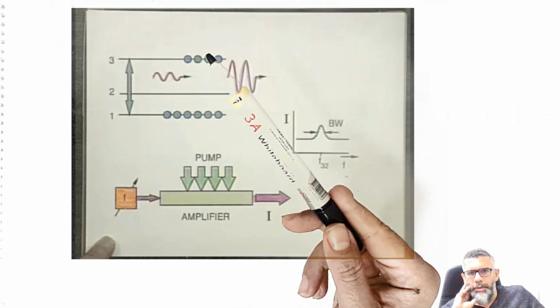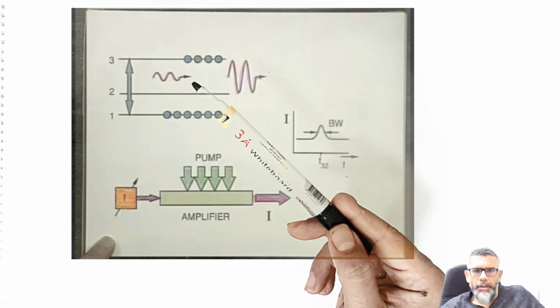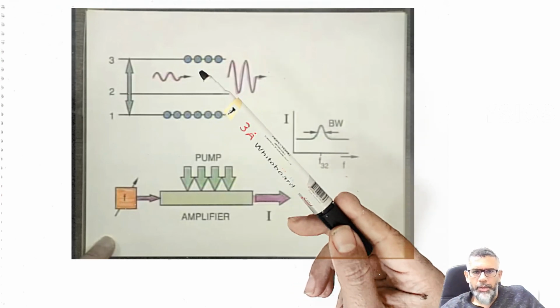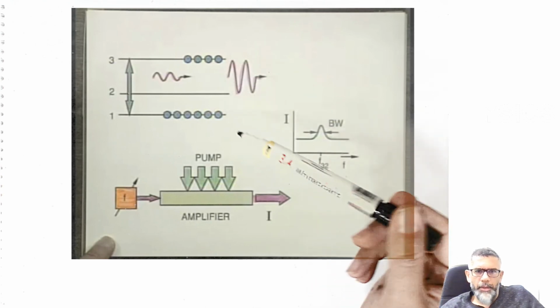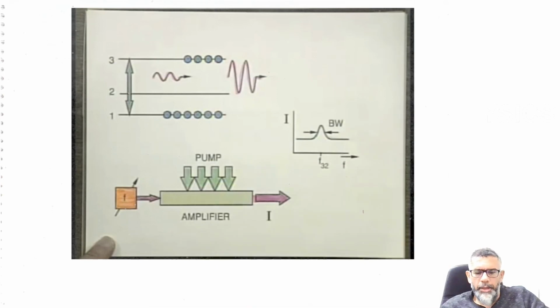After this transition, the electrons at the 3rd energy level drop to the 2nd energy level by stimulated emission. And this is the spectrum that you see. This is the bandwidth of lasing.